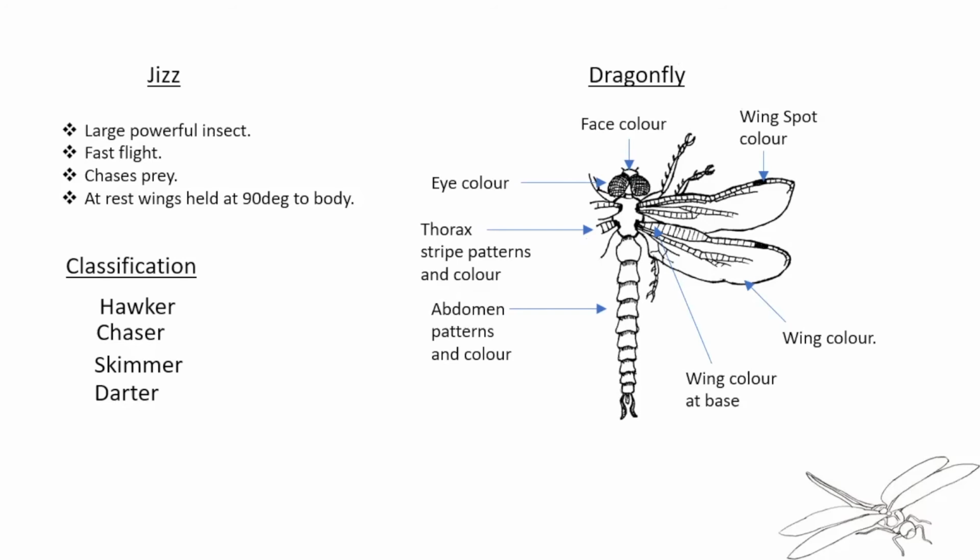If we know it's a chaser, we go to the chaser section. There are only 2 chasers in this area. So we've limited again what we're looking for. Likewise, we only basically have 1 skimmer. So if it's a skimmer, you virtually know what it is. And darters, we have 2 or 3, quite complex to tell apart, but we know which ones to look at in the referencing code for.